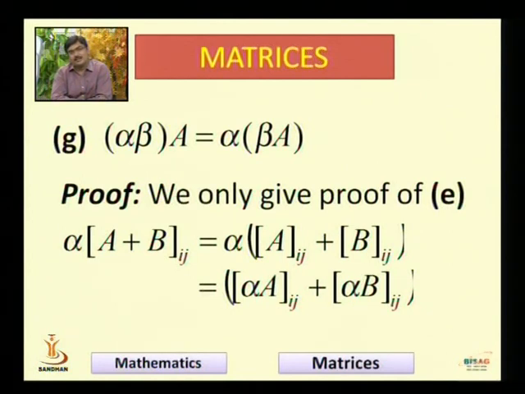So, that means you can say that property G says that scalar multiplication is associative. Okay. So, now let us try to give the proof of property G.